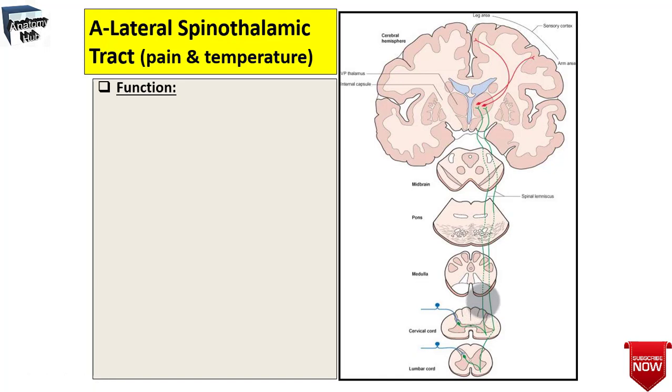They ascend upward through the medulla oblongata, accompanied by the spinotectal and the anterior spinothalamic tracts.